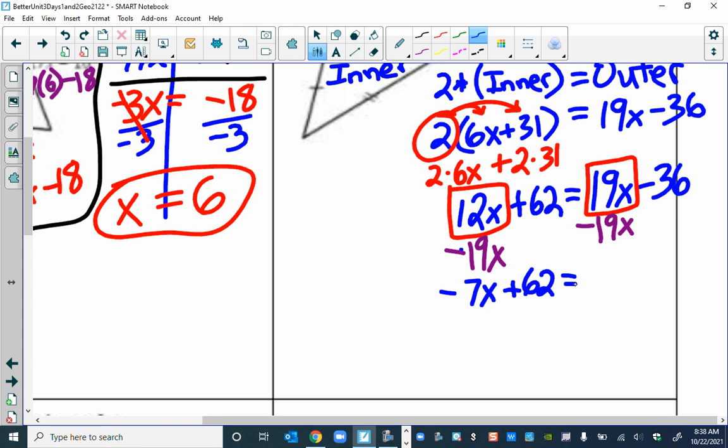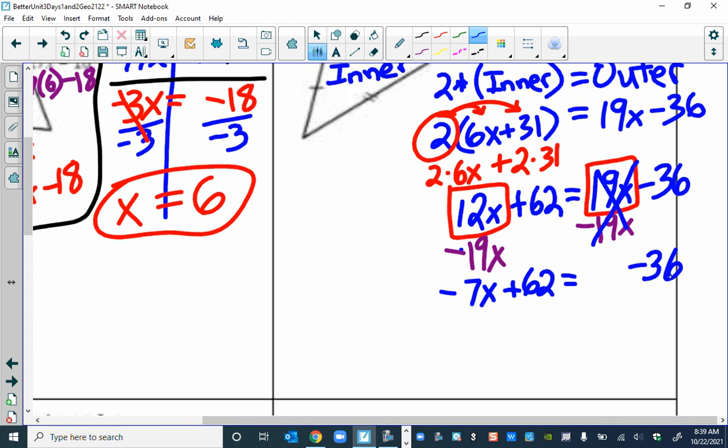Not all of us have been doing that, and that's led to mistakes. So that is a key step. Line up those variable terms. If you don't line them up, that's going to lead to mistakes. Get negative 7x plus 62, you still have negative sign with that 36, so it's minus 36.